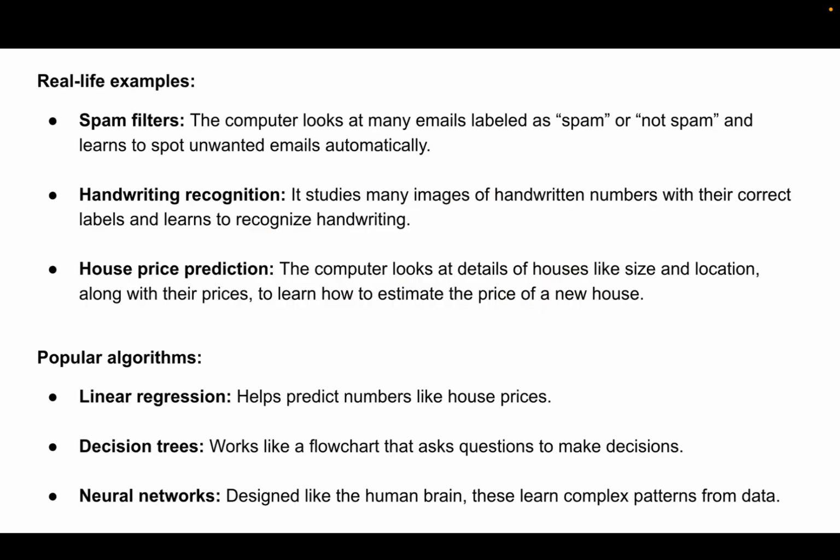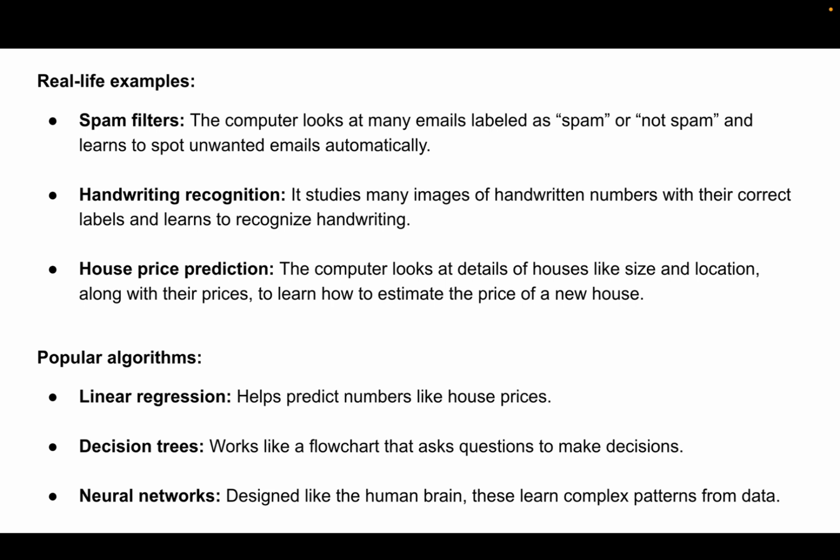Let's see some real-life examples that use supervised learning. Spam filters. The computer looks at many emails labeled spam and not spam, and then it learns to spot unwanted emails automatically. Handwriting recognition.